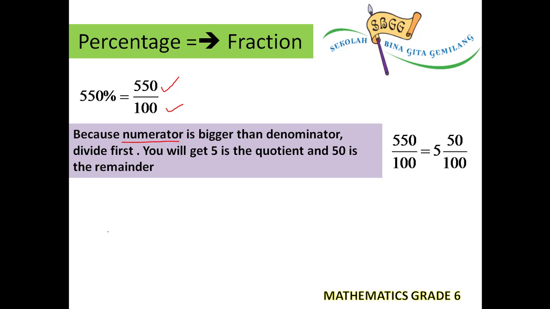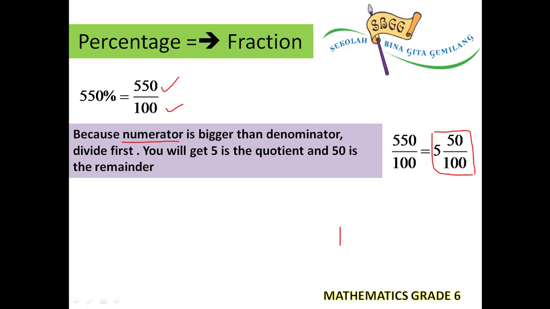Okay, so the mixed number of the result of 550 divided by 100 is 5 and 50 out of 100.